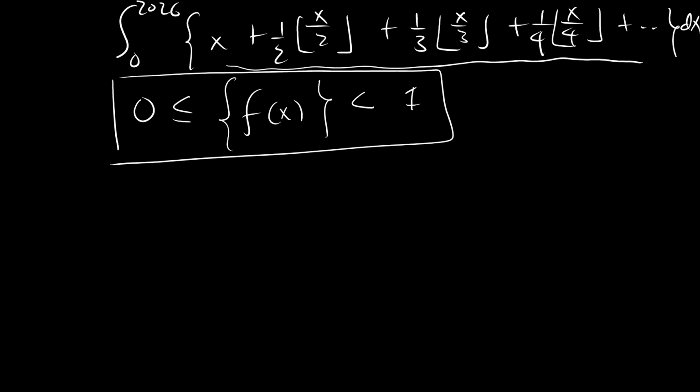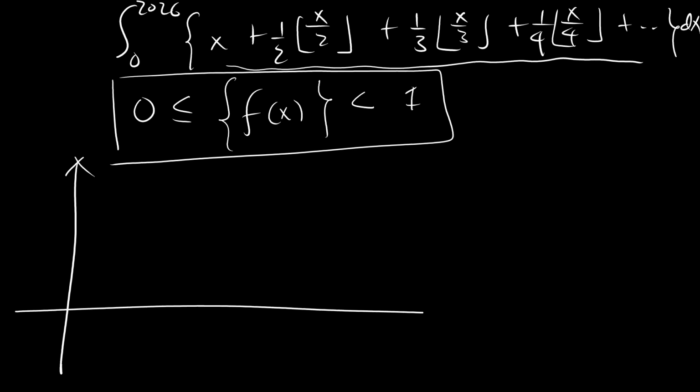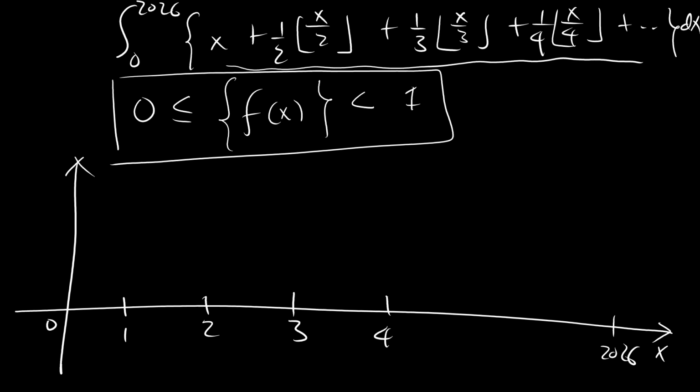So let's draw a graph, and we say, okay, this is x, and 2026 is our last value there. We have 0 to 1, 1 to 2, 2 to 3, 3 to 4, and so on, up to 2025, and so on.